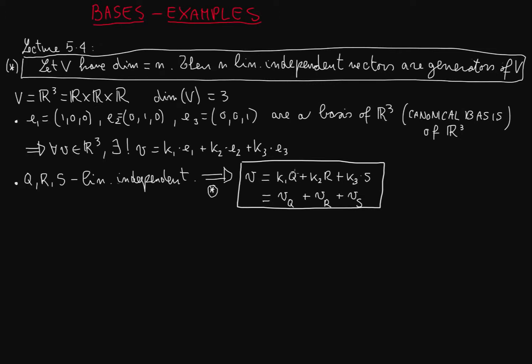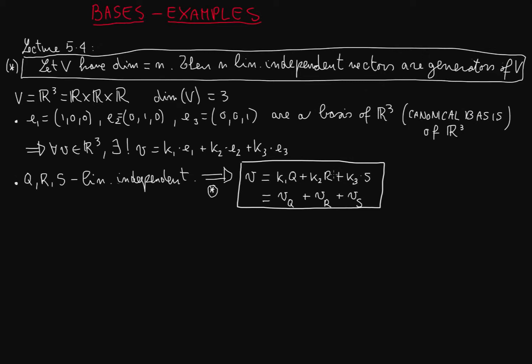First of all, if we just let Q, R and S vary randomly, it might happen that at some point the vectors will be linearly dependent one to the other.